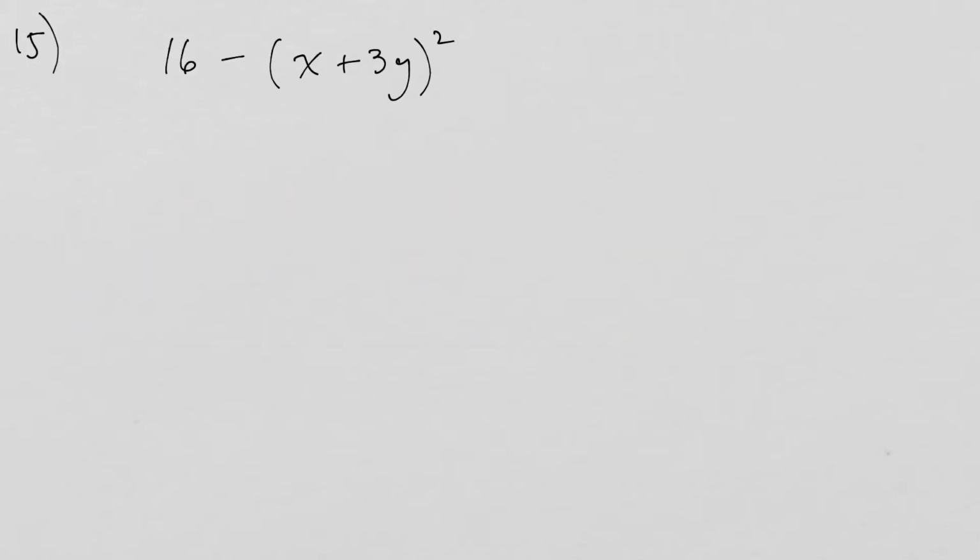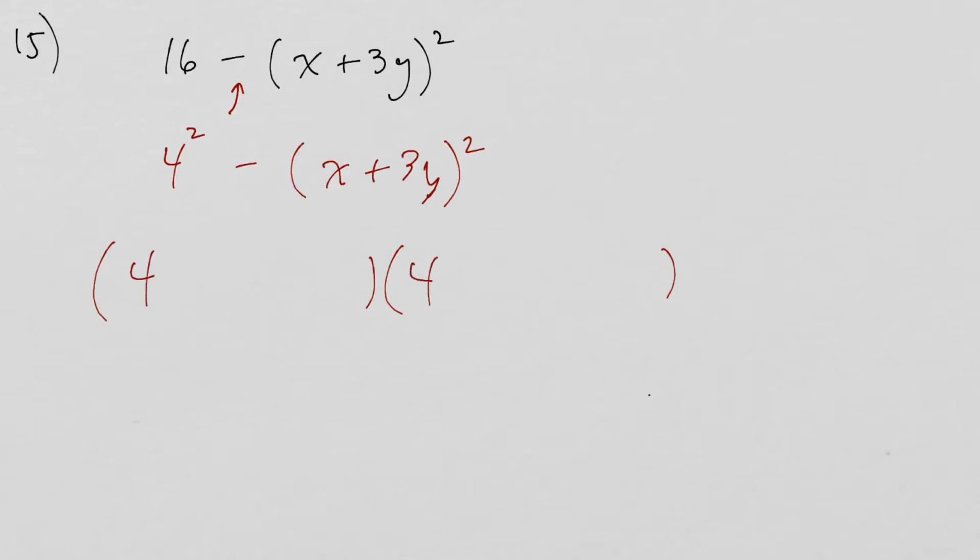Again, we have the difference of two squares. This is 4 squared. This is already written as a square. So, our conjugate pairs, we're going to have 4 first, and then the second item is going to be x plus 3y.